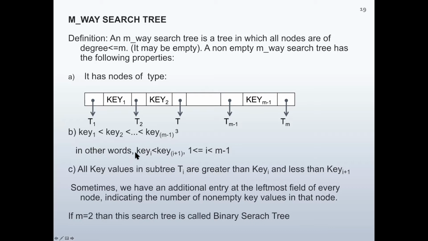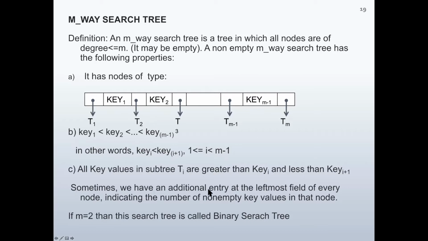In other words, key i is less than key i plus 1, for i between 1 and n-1. All key values in subtree Ti are greater than key i minus 1 and less than key i. For example, all key values in T2 here are greater than key 1 and less than key 2.